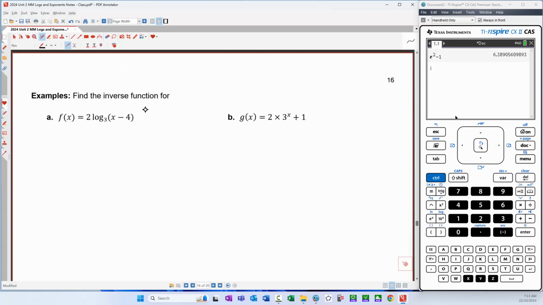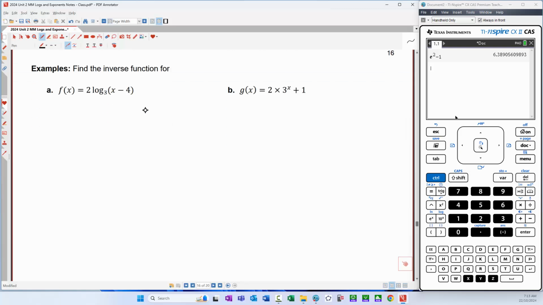All right, we'll finish with a few quick inverses. Before we invert, let's just note the domain of this logarithm. So it's 4 to the right, dilation doesn't matter, so this is what the picture looks like.